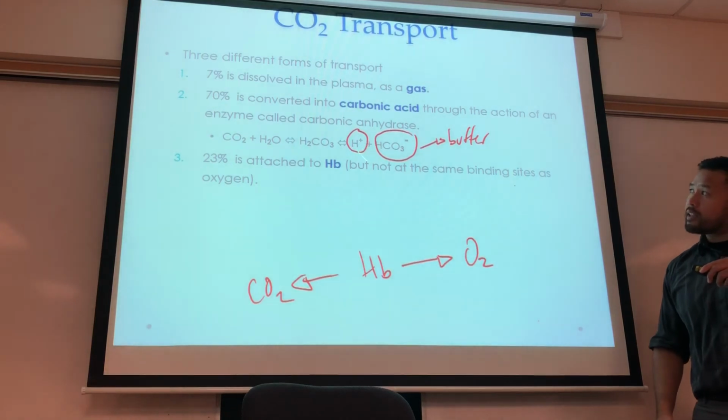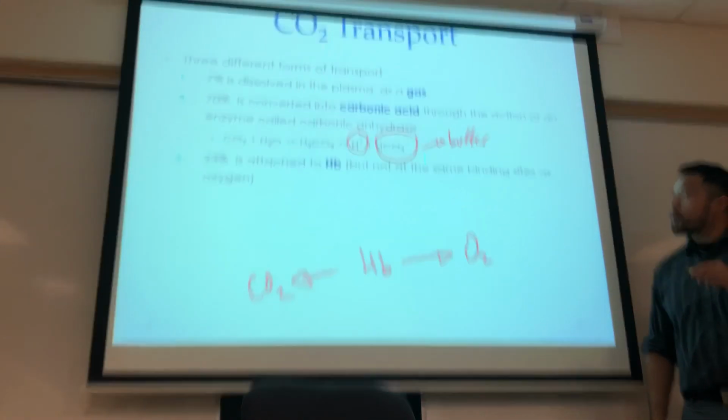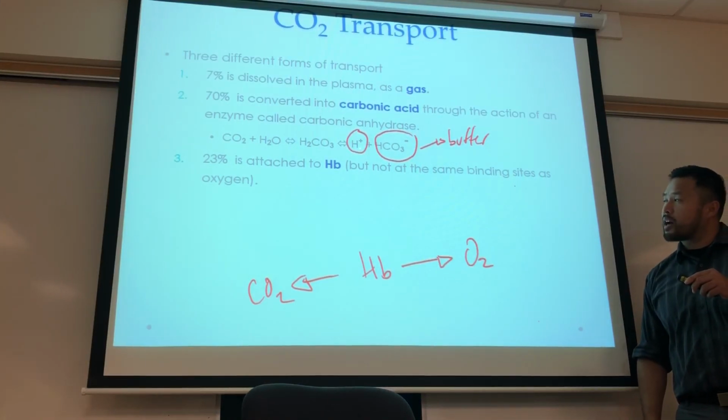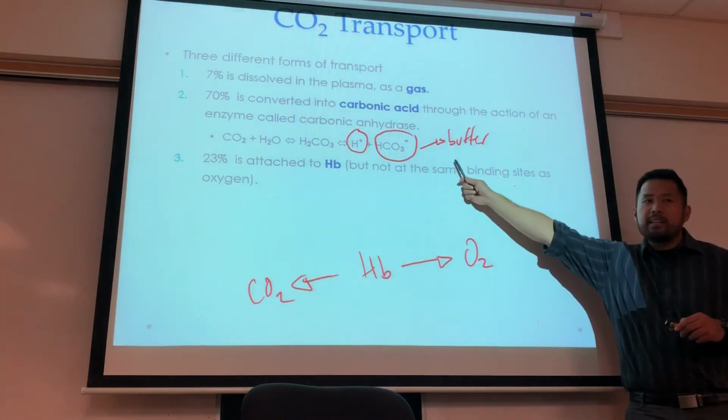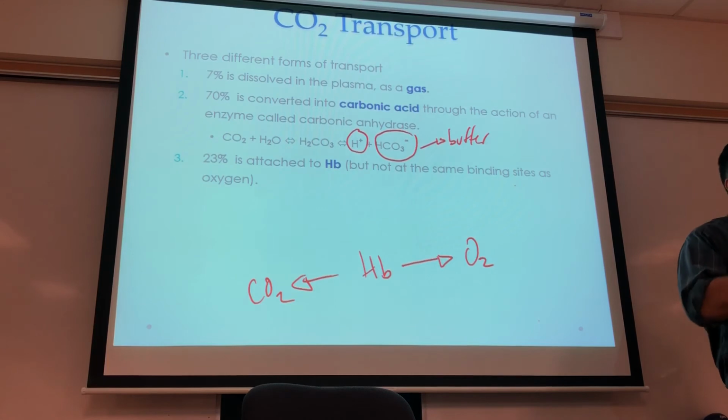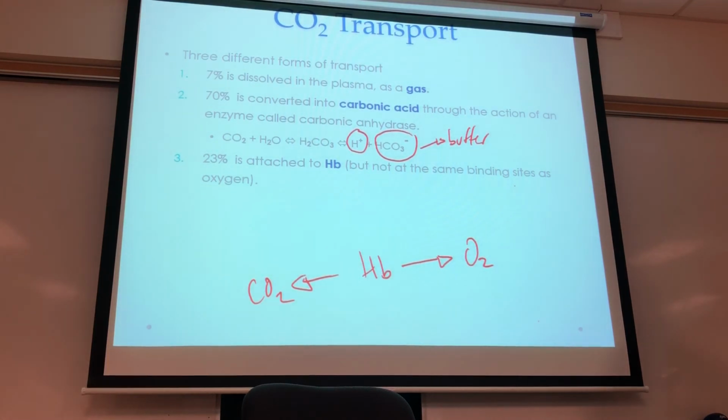We have a way to regulate the amount of hydrogen ions, but we get rid of hydrogen ions in order to create bicarbonate. This bicarbonate is the buffer that prevents the pH changes in your blood to keep it between 7.35 to 7.45.